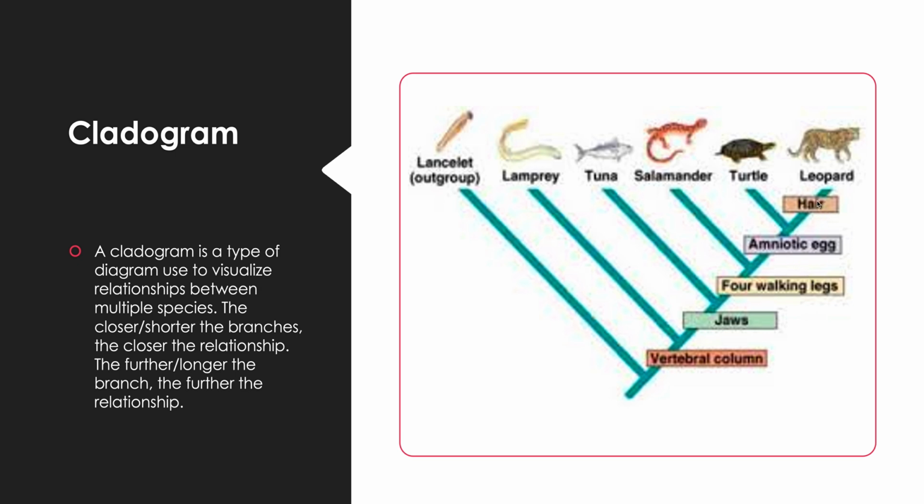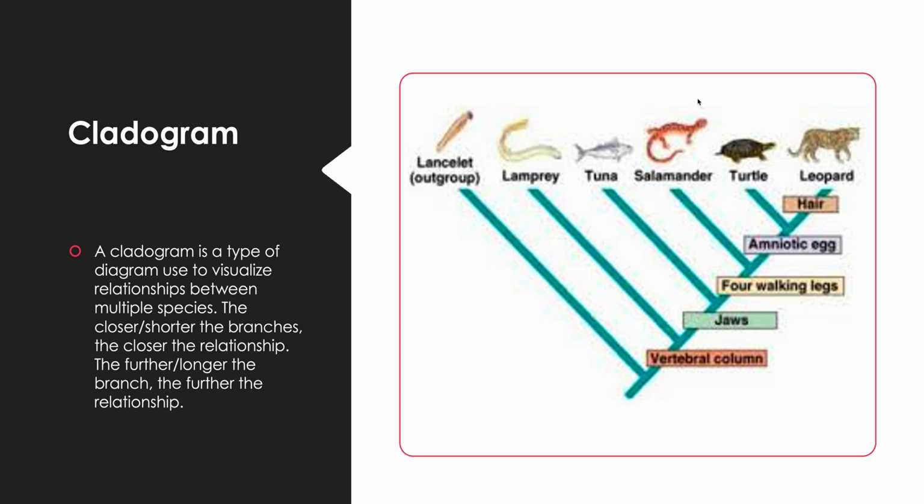For the final one, we're looking at who has hair, right? The leopard has all of these things. It has a spine, a jaw, 4 walking legs, an amniotic egg, which means that it has kind of like an egg yolk, and it has what's called an amniotic sac. Anyhow, and then hair. It has all these features.